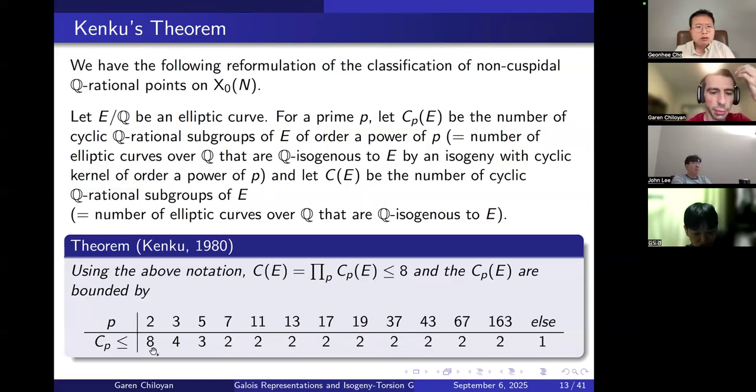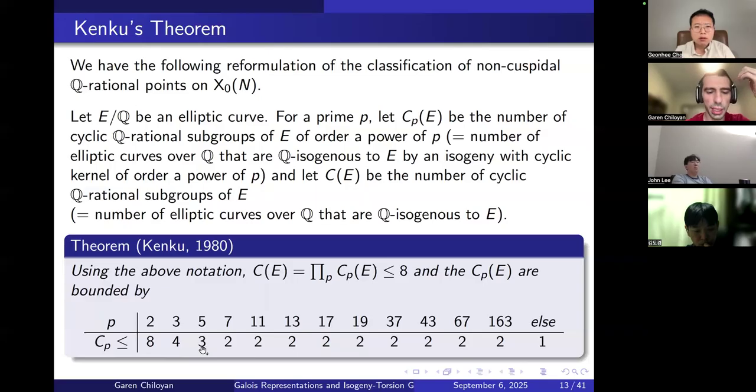So for example, any elliptic curve E has at most 8 different elliptic curves that are isogenous to it by isogenies of degree a power of 2, or a power of 3, or a power of 5.